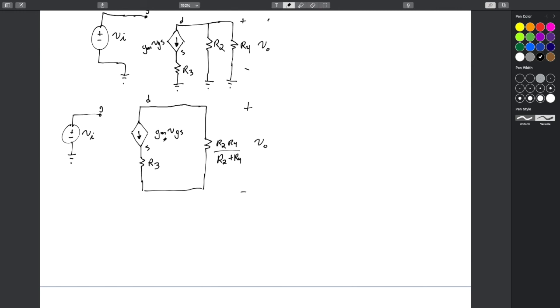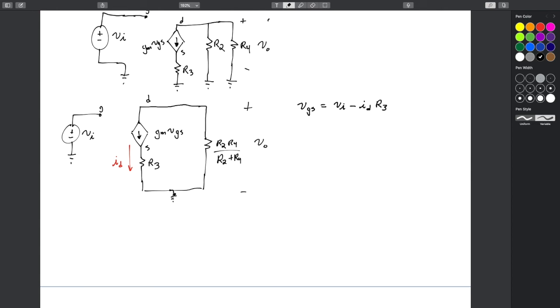So what we'll want to do is let's say that VGS, and again we're in small signal, will equal VI minus little id times R3, right, because little id will be flowing down here. And again, this is with respect to our ground node, right?